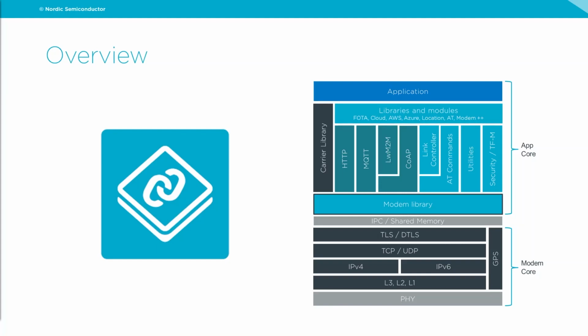On the application core, we have the modem library, which is the interface for operating the modem. It provides you eight generic sockets that you can freely use for UDP, TCP, TLS, DTLS, and AT commands. It also provides you with APIs and interfaces for GPS, assisted GPS, and also modem DFU.